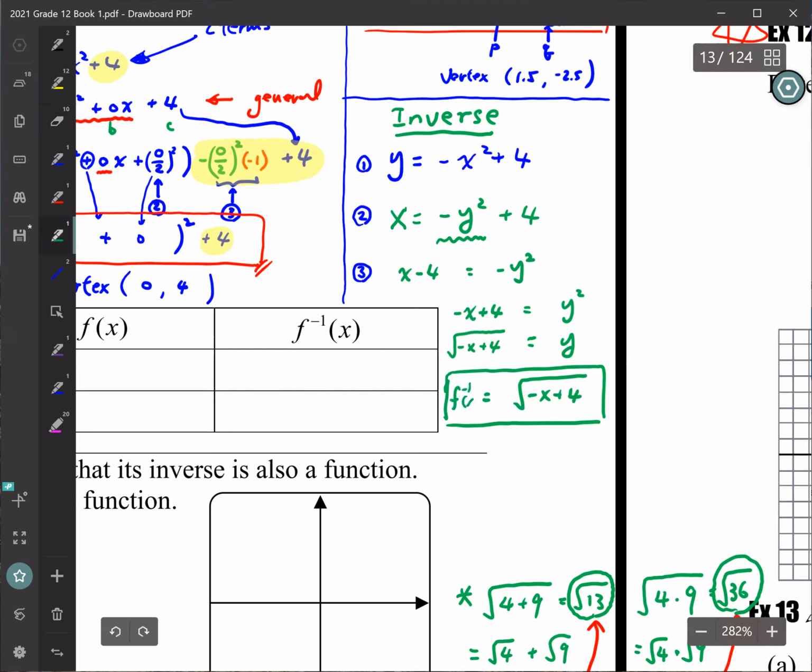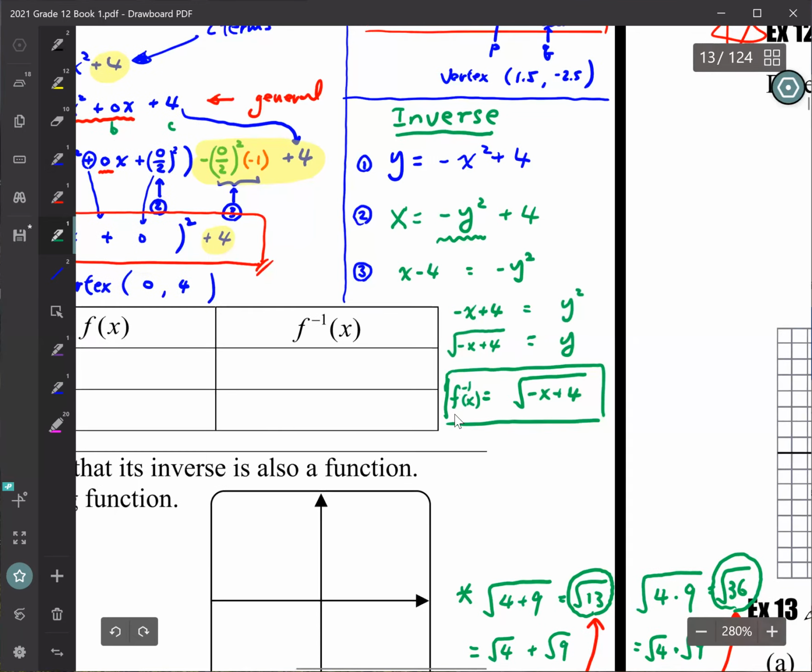Very good. What else? Susan? Or anyone else? Nick? Should you write it as 4 minus x? Yeah, it's the same, but that's also not something I'm looking for. It's okay. Very good.